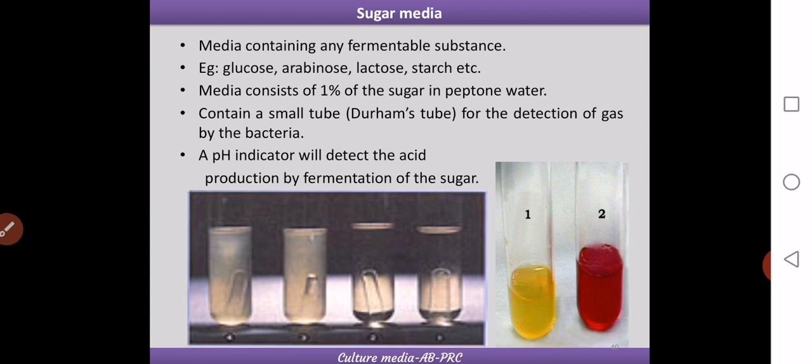Occasionally a pH indicator is also added to detect the acid production, and the gas production is detected by providing a tube called Durham's tube, a small tube which we put in the test tube in an inverted position so that any gas production will be detected. So there will be a pH indicator and also Durham's tube to detect the fermentation of the particular carbohydrate. This is about the sugar media.